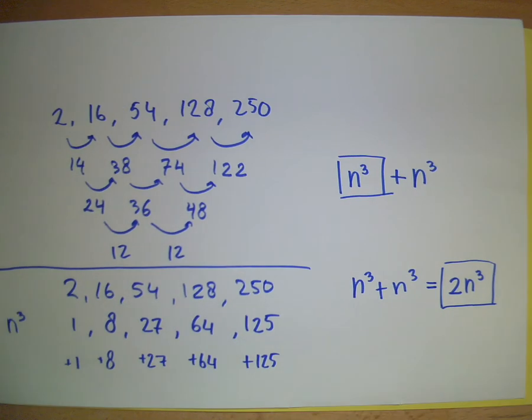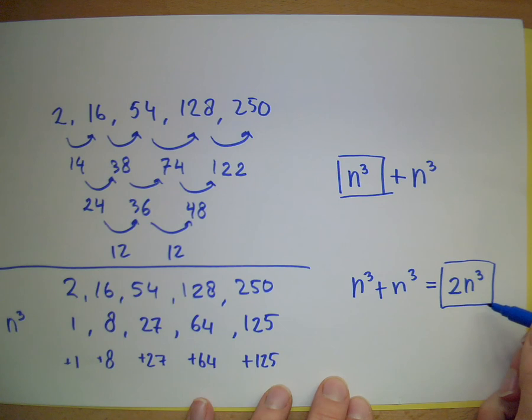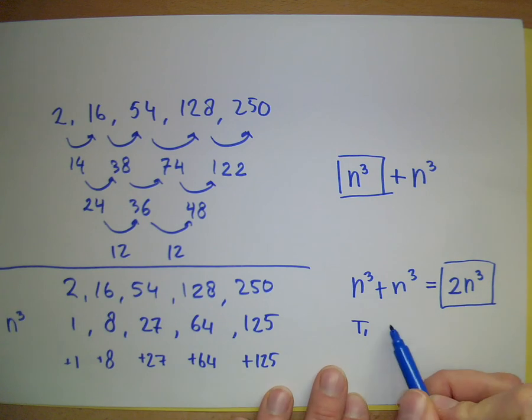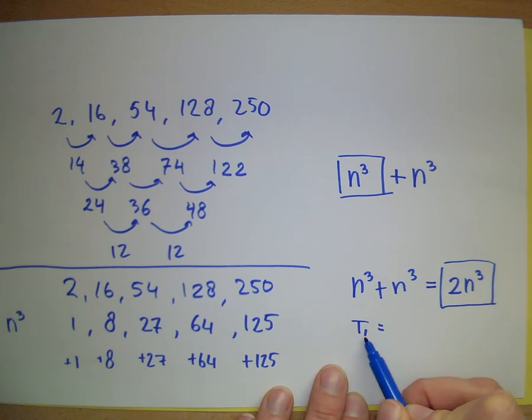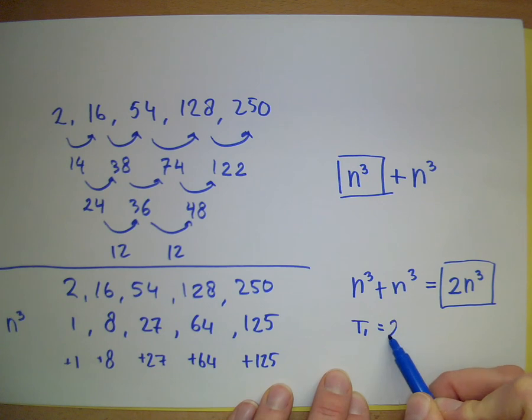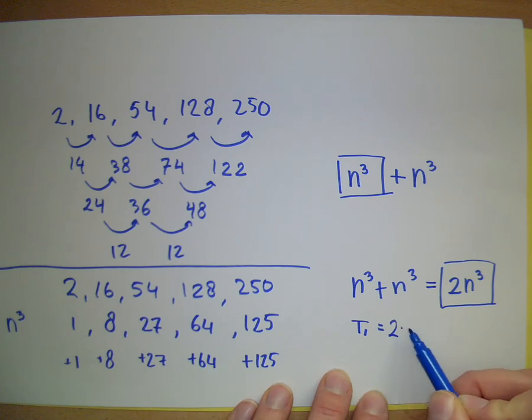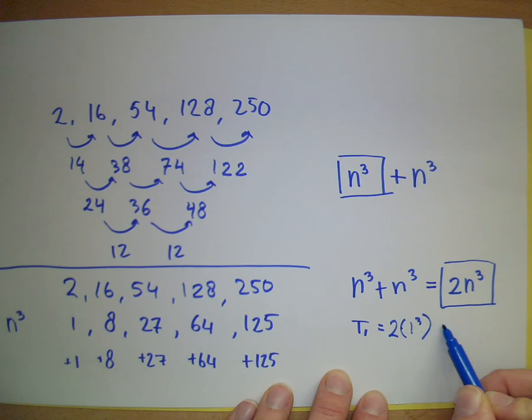And because we feel a little insecure about that, let's test it. Let's find the first 5 terms. If this were the correct algebraic expression, the first term should be 2 times 1 cubed, which equals 2 times 1, which is 2.